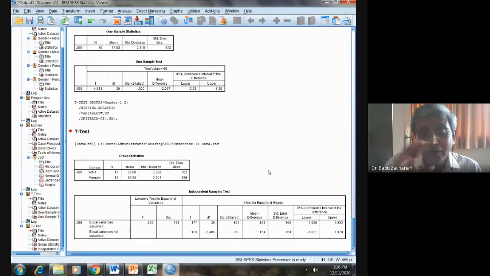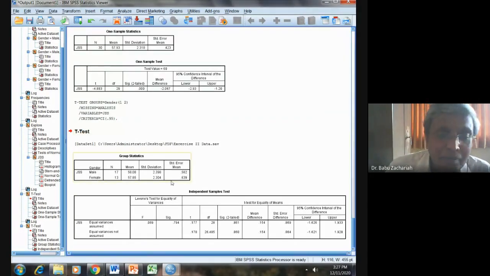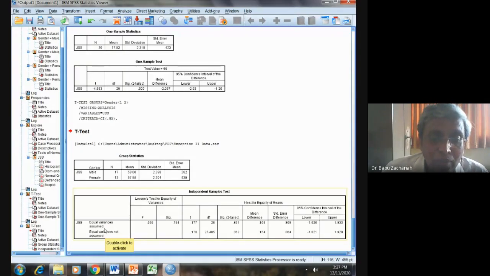Now a still bigger table has come. Please listen carefully to how to read the answer, because getting output from SPSS is easy. You must know how to read the answer. Please remember that for t, there are 2 formulas. Assuming equal variances, there is one formula. Not assuming equal variances, there's another formula. Therefore, there are 2 t values given.